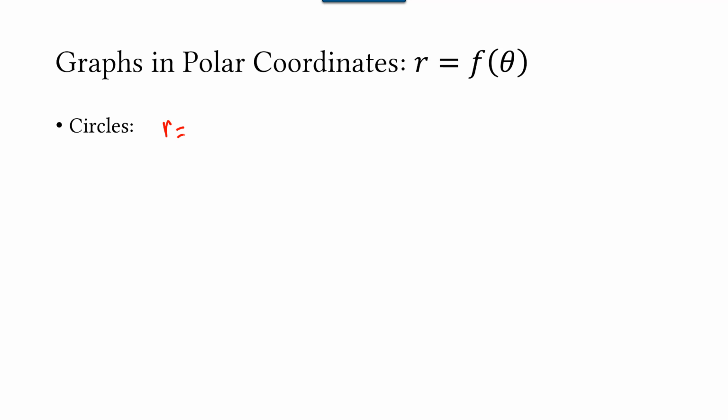We can define a circle by the polar equation, say r equals 2. What that tells me is that the r is 2, so I'm a distance of 2 from the origin. The theta doesn't appear in the equation, so the theta can be anything. And so we get a circle of radius 2 centered at the origin.